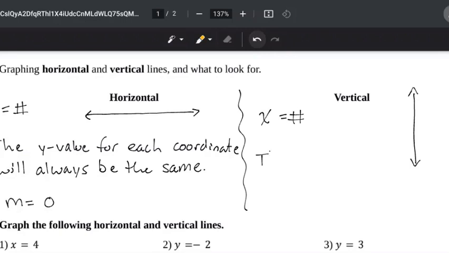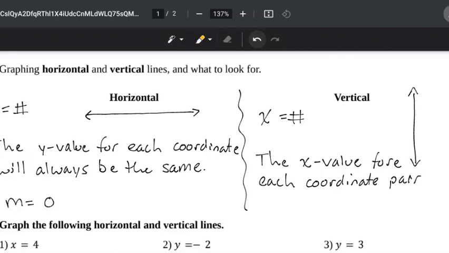And for this, our little note, the x value for each coordinate pair will always be the same.